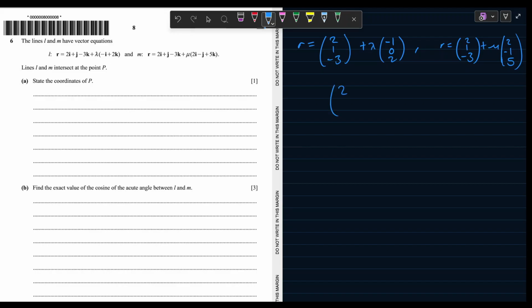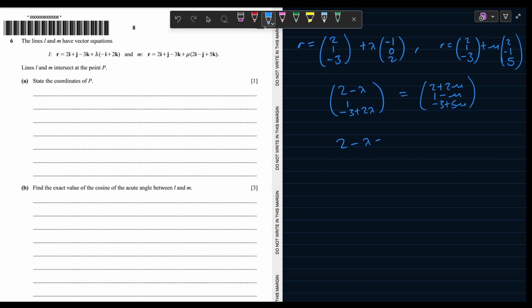So that would be 2 minus lambda, 1, and then negative 3 plus 2 lambda. And then the other component form would be 2 plus 2 mu, 1 minus mu, then minus 3 plus 5 mu. Okay, and we can just equate each row.